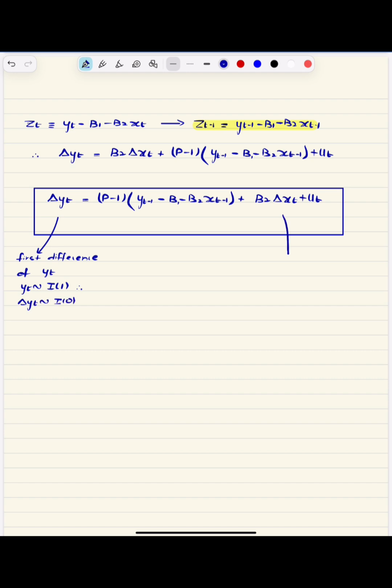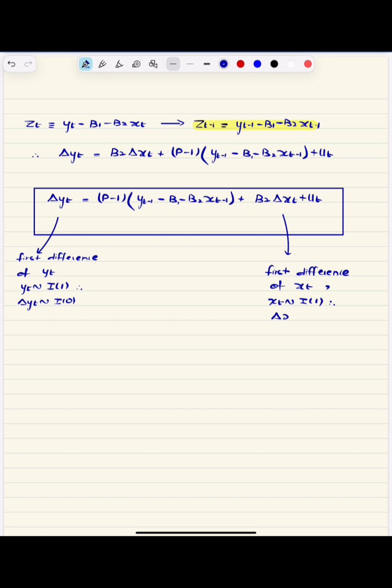Over here, we have the first difference of xt, where we knew that xt is non-stationary and integrated of order 1.